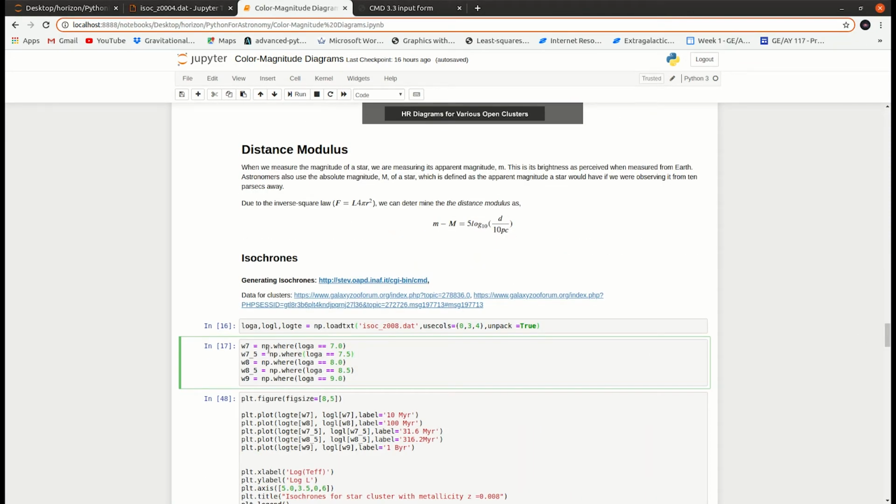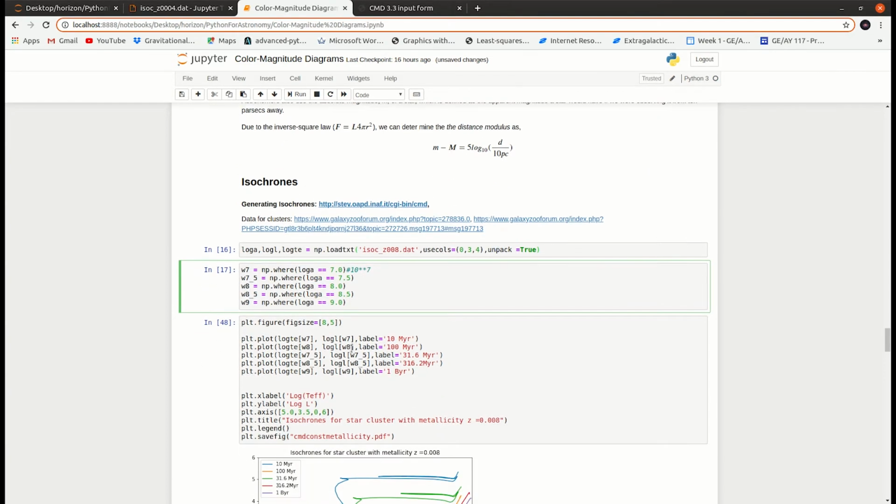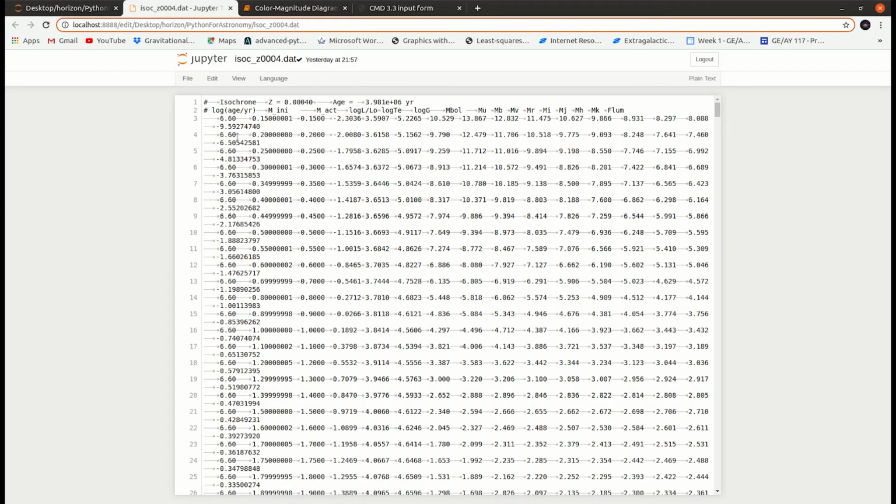I'm finding the array indexes where the age is equal to these values. For example, this corresponds to an age of 10 power 7, that is 10 million years. This is some 100 million years, 1 billion years, and so on.